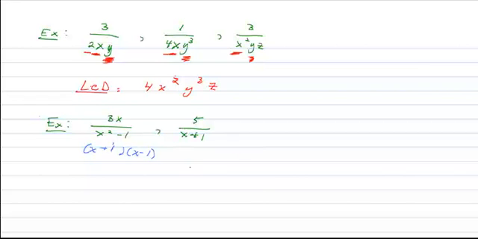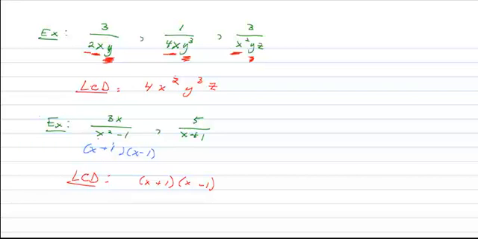Now we're ready to build our LCD. From the first denominator, we see that x plus 1 has to be there, and x minus 1 has to be there. The question is, how many factors of each do I need?